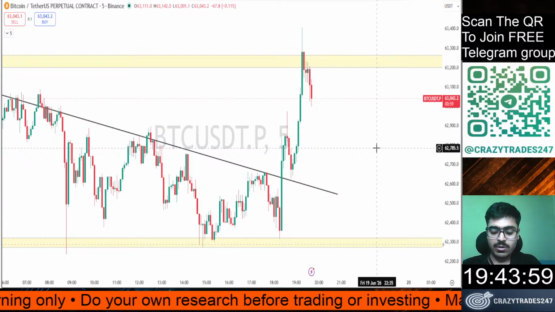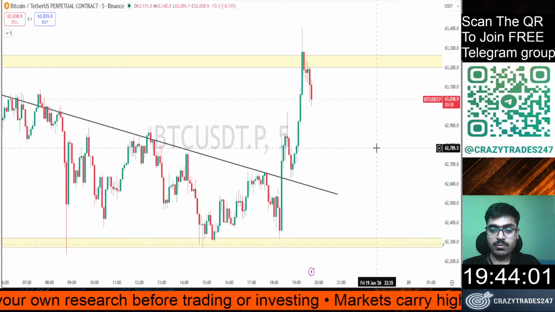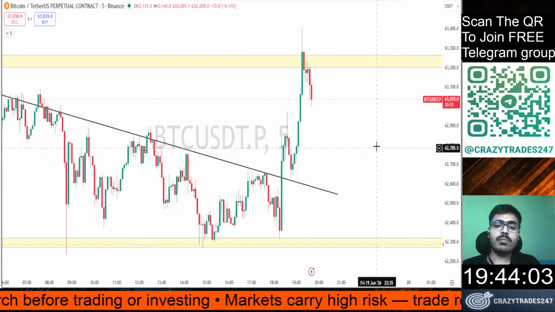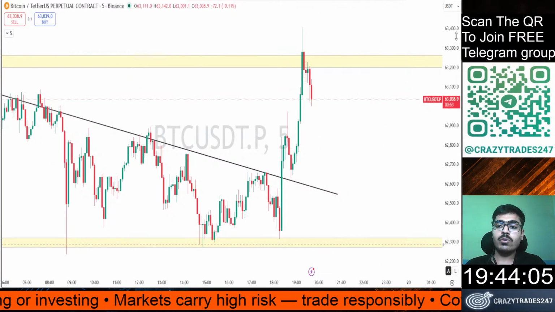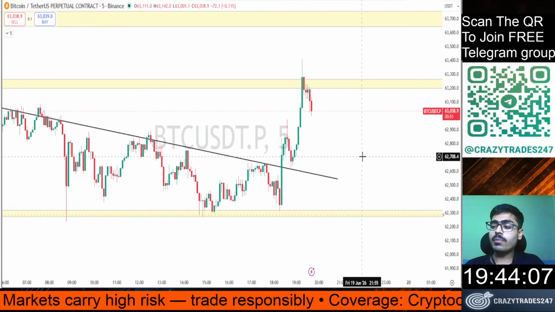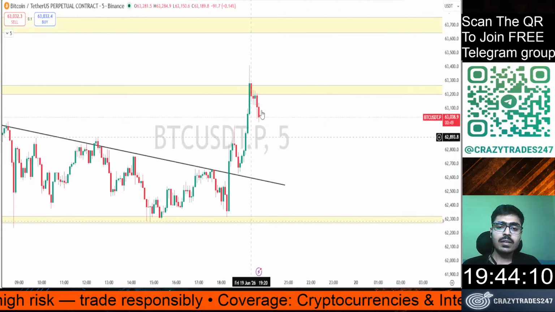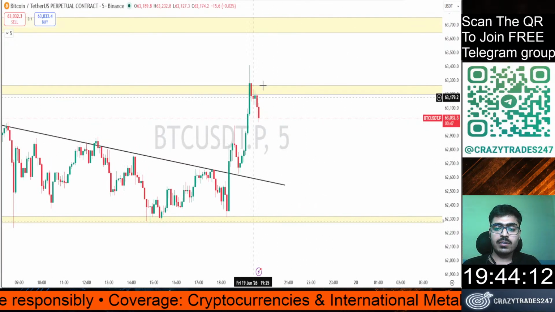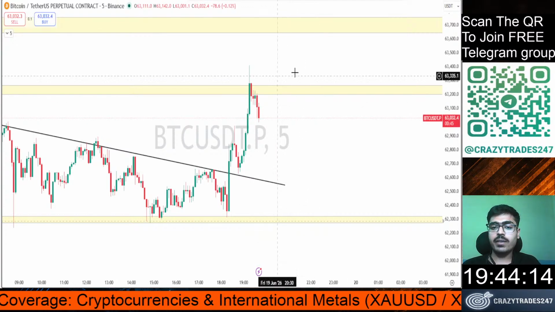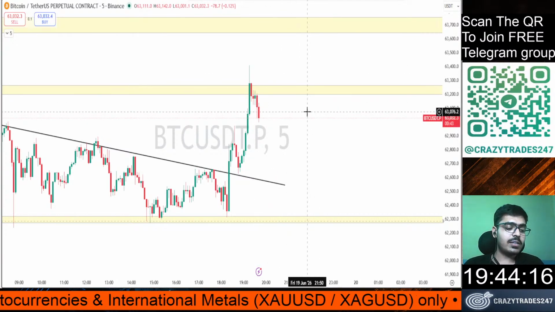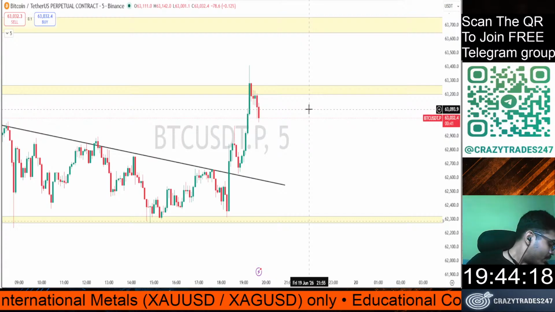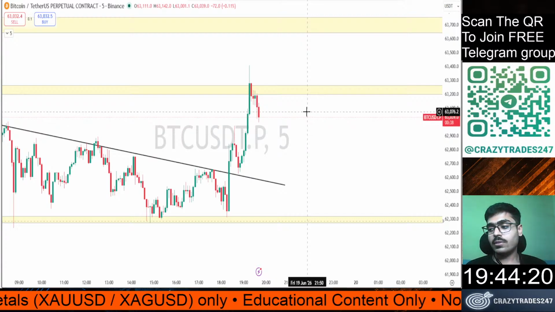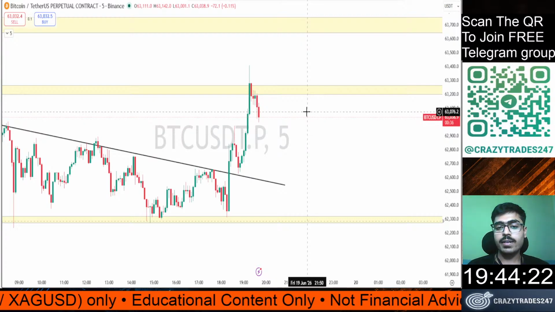Your capital might not survive till then. So it's completely okay if we miss this trade, but we will only make entry after confirmation of some consolidation forming here and then a breakout of that consolidation in the lower direction. That would be the only criteria for our short trade at this level.